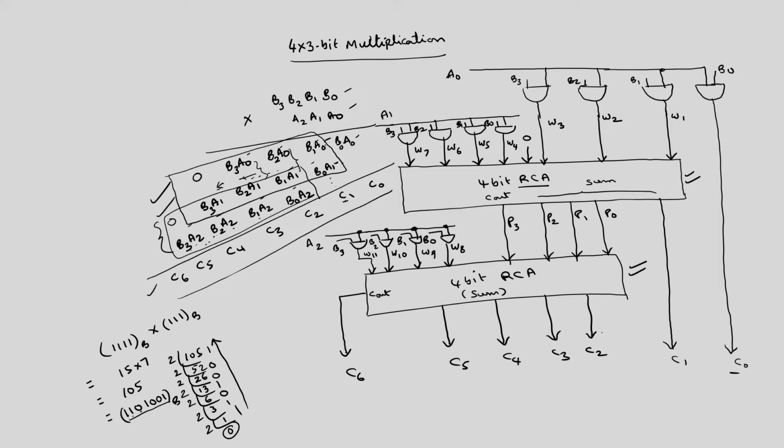So now what will be the Verilog code corresponding to this? If I take this whole block, a 4 bit by 3 bit multiplier, as a whole block, what are the inputs and outputs?